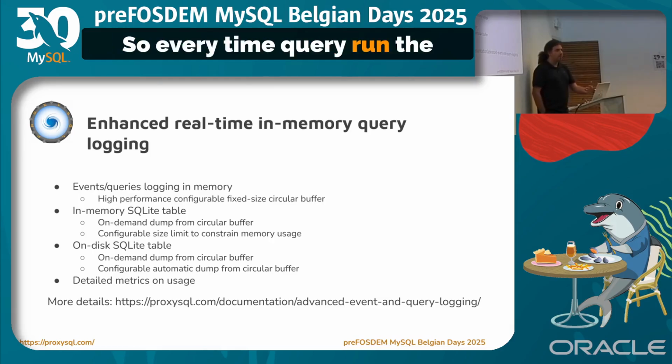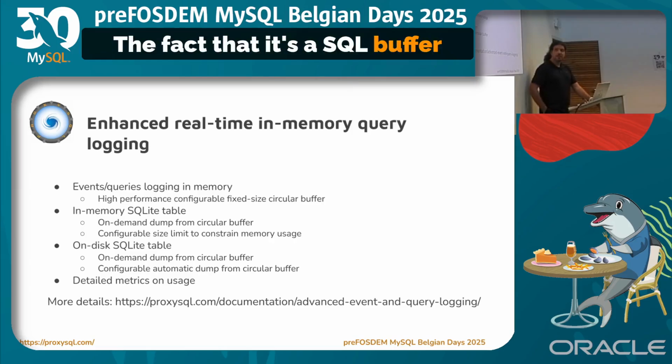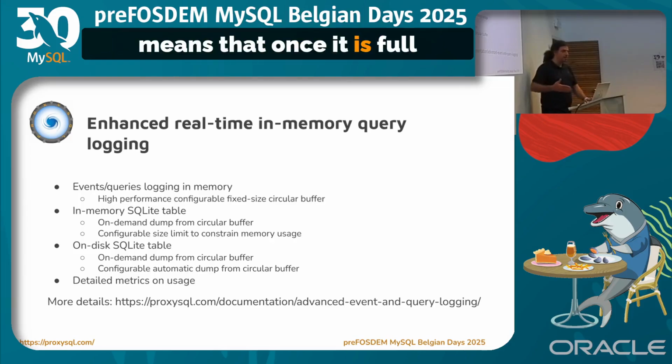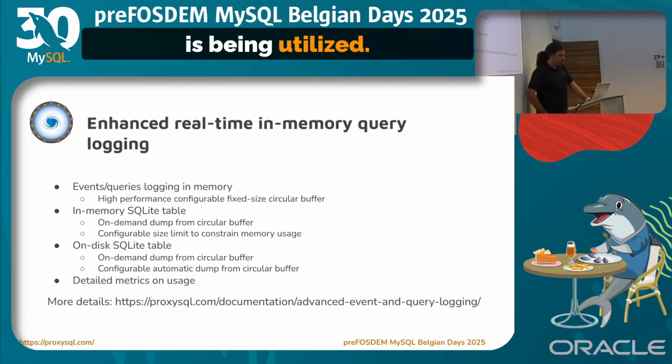So every time a query comes, it is logged in this circular buffer. The fact that it's a circular buffer means that once it is full, queries are overwritten within this buffer, so you don't end up in a situation in which all memory is being utilized.